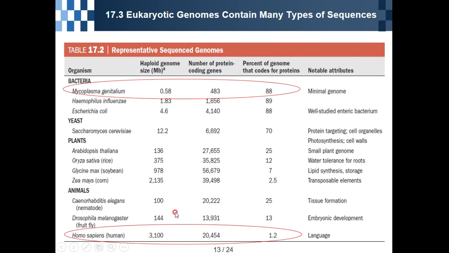However, our Homo sapiens genome size is 3,100 megabase pairs, and we have 21,000 genes. There is a big difference between eukaryote and prokaryote.